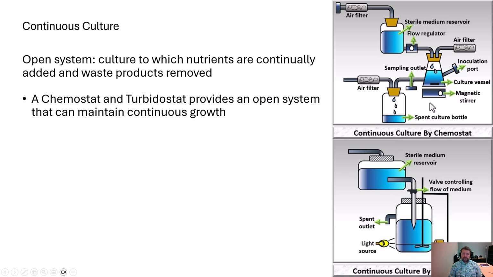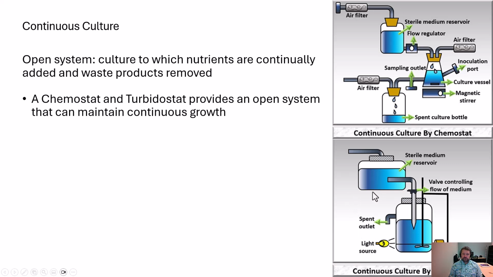So you might get a spent culture bottle where all the dead material comes off, and the live material is still in, like a sampling or a living culture. It's the same deal with the chemostat. It's very similar, except normally you have a spent outlet where you can just open a valve and remove the material.